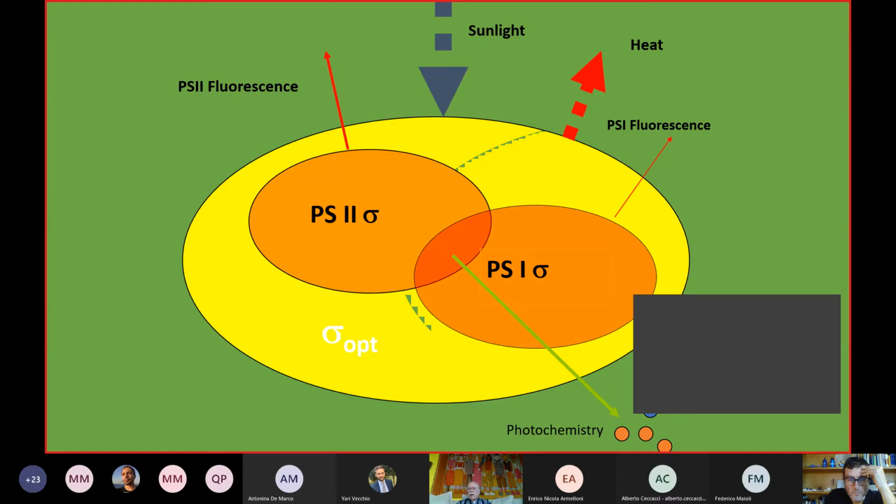And the healthier the system is, that fraction goes down to around 40%.